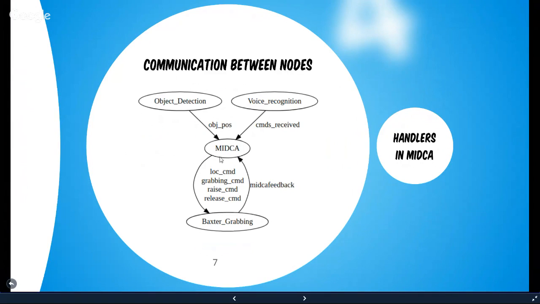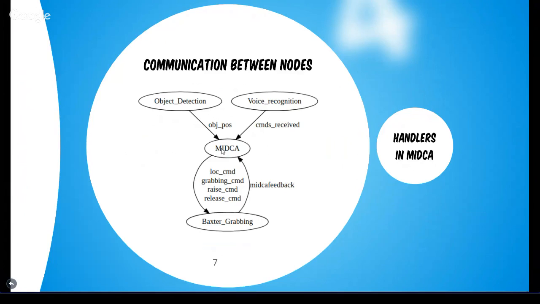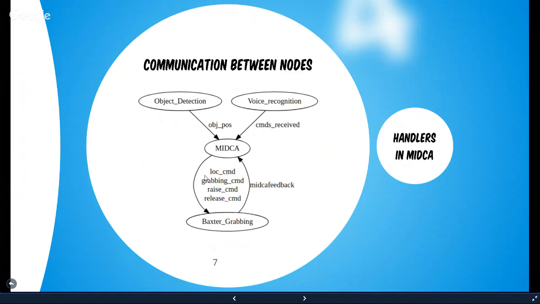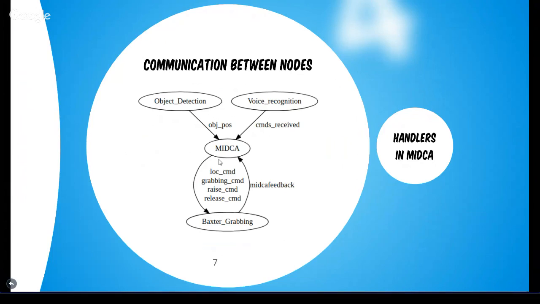MIDCA does a lot of things: it perceives the state, interprets the goal, and then plans, executes, and gives the end effect or the task, such as going to a certain location, grabbing the object, raising its hand, releasing, similar kinds of things. And the MIDCA feedback is actually a topic which contains whether the action is done or not.